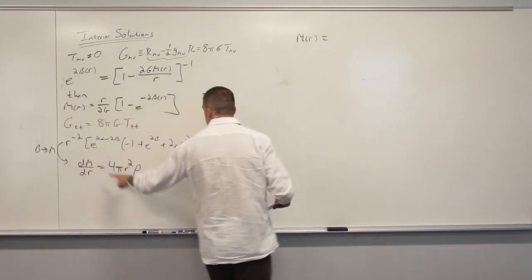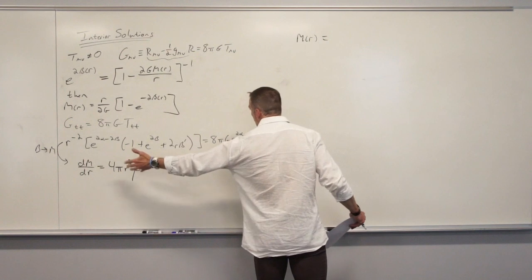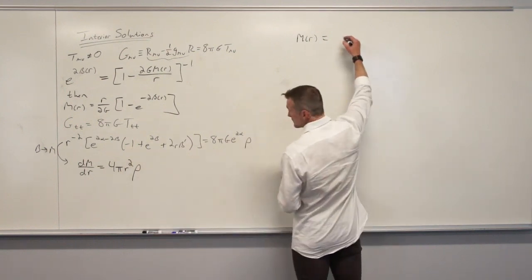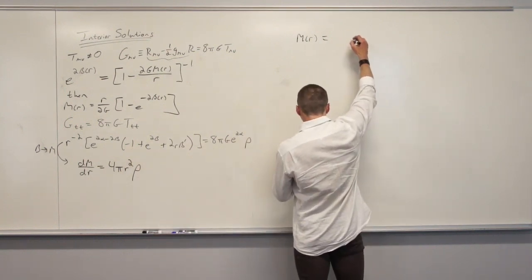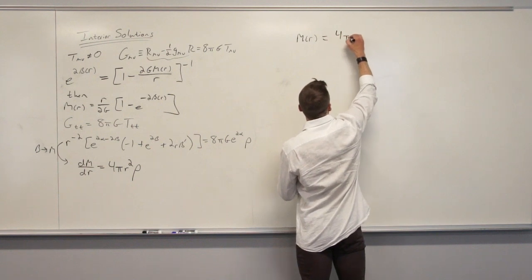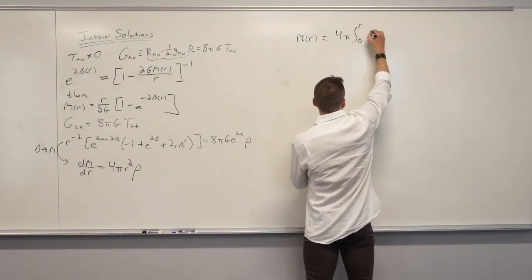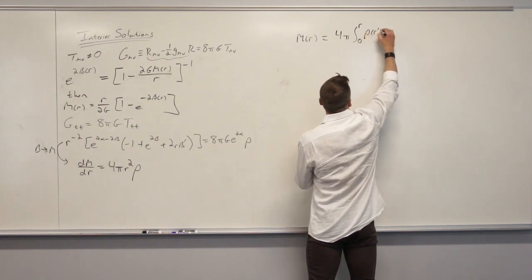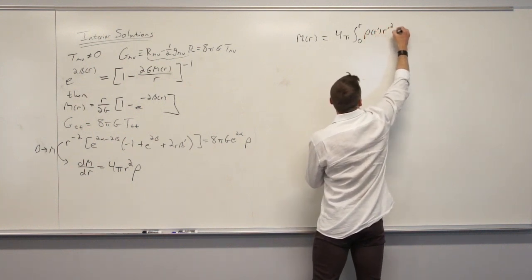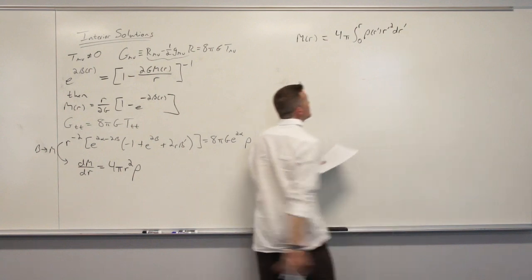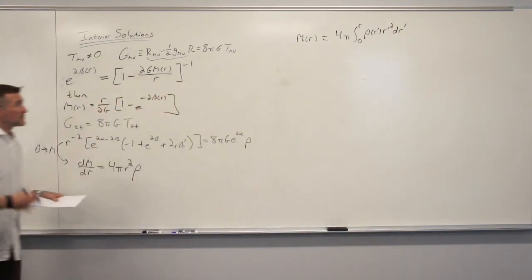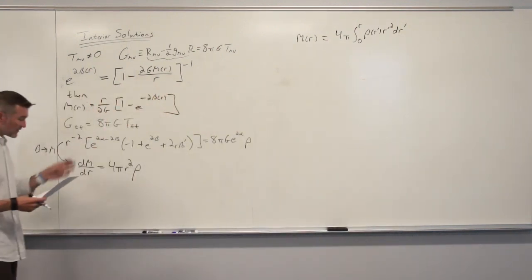Okay? So to find m, if I give you rho, all we do is integrate both sides. And so this is just going to be 4 pi times the integral from 0 to the position you're actually interested in of the density function. And just like all the physics 1 students hate, we'll be really careful and distinguish between the integration variable and the actual limit of integration.